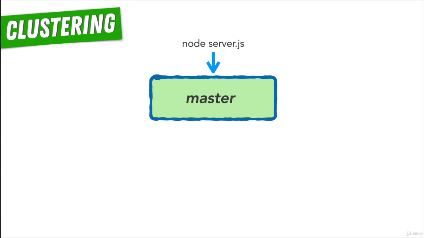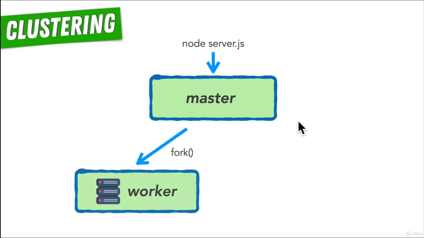Inside of the cluster module, we have access to this function called fork. Anytime we run the fork function in our server.js file, Node takes this master process and creates a copy of it that it calls the worker process.